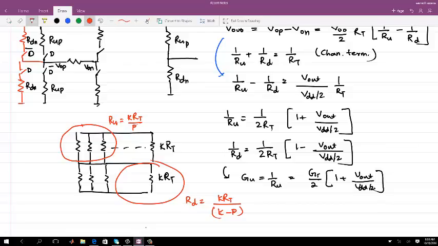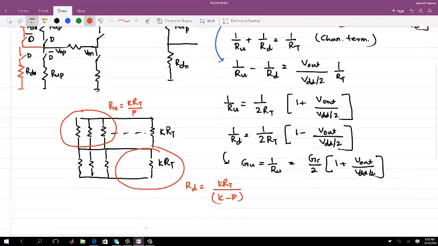So you have a fixed number of resistors, and you just share those resistors between the up and down combination, depending on what swing you want. Is there any confusion in this? Because this is going to be the basis of equalization in the voltage mode output driver. So we can spend more time on it if you have any questions.